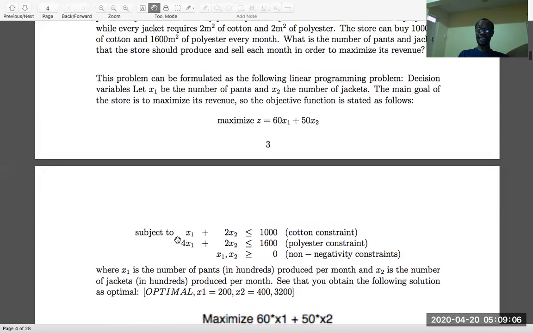Last time you could plot this graphically and try to find out where this is maximized. If you know this is maximized, you could rewrite this by making x2 the subject, and you get your iso-profit line.